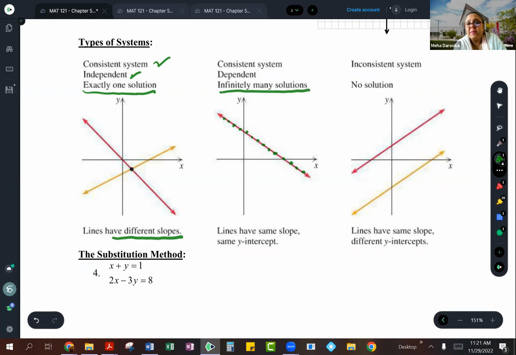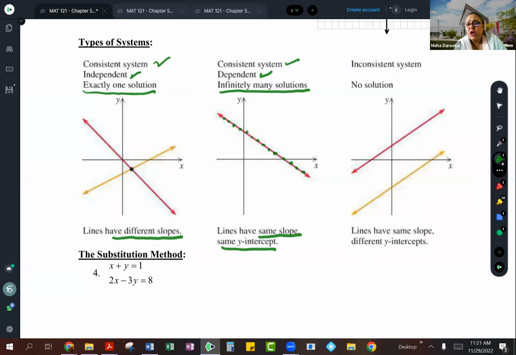So this one, we say it's a consistent system. However, your equations are dependent because they're the same equation, and you end up having infinitely many solutions. Obviously, since both the lines are the same, they will have the same slope and the same y-intercept. So that's case number two.